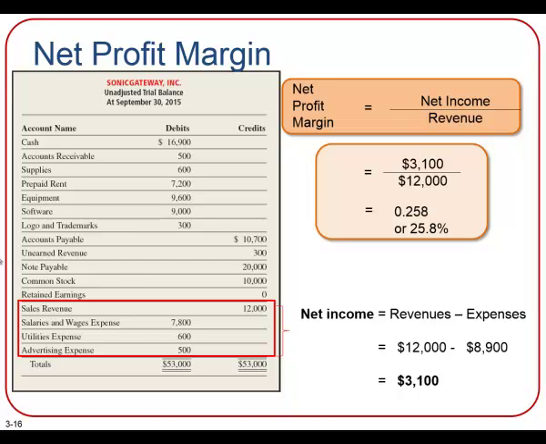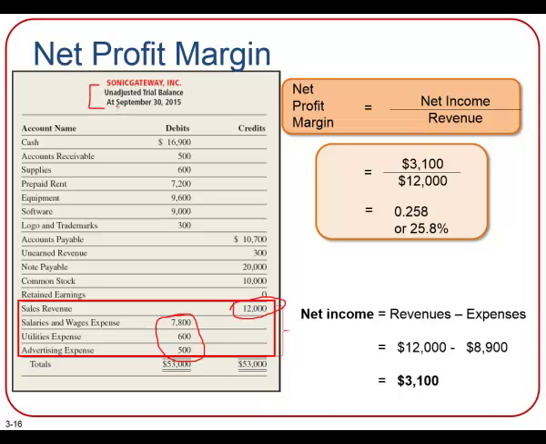Currently, SonicGateway's accounting records report revenues of $12,000 and expenses of $8,900. That's the sum of all these expenses. And we are looking at the trial balance here. That's why you see all those different accounts.